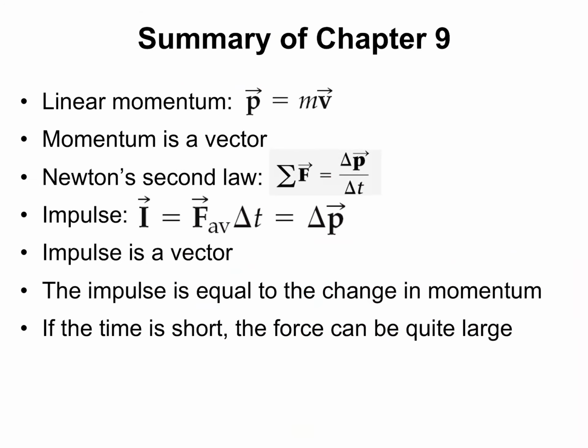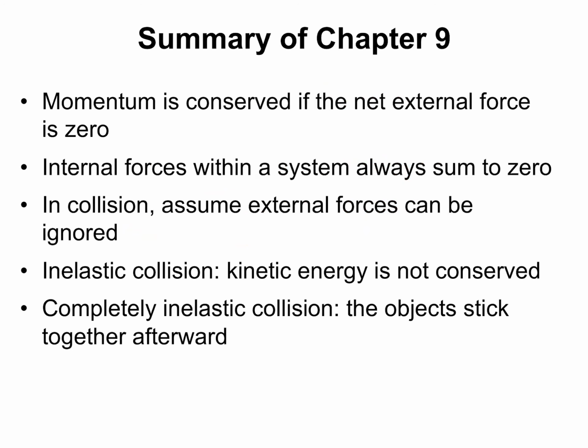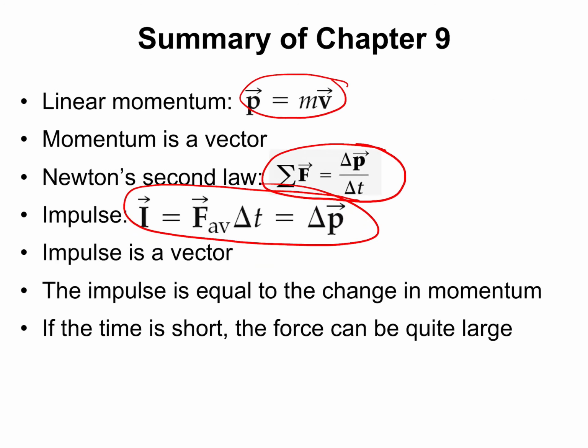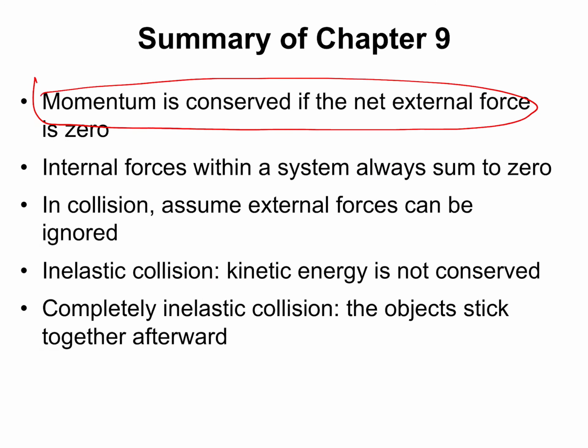All right, let's make a summary of what we learned. We learned linear momentum, and Newton's second law using the impulse-momentum theorem. We also talked about momentum conservation: momentum is conserved if the external force is 0, and internal force is always 0 for the system.